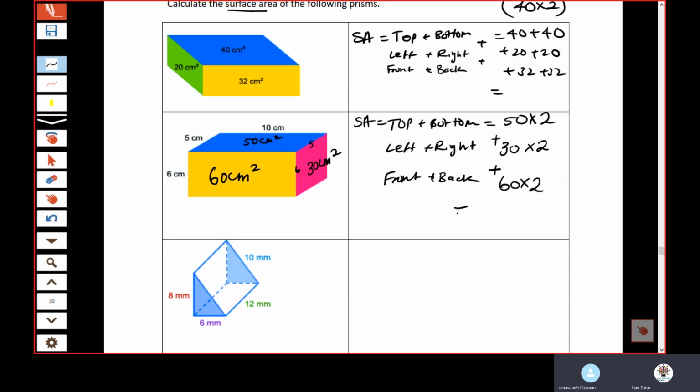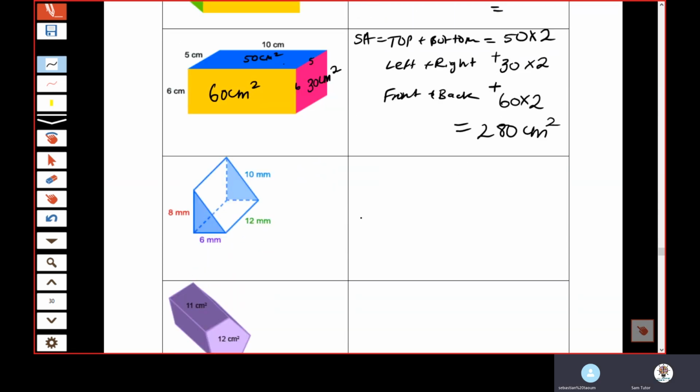And then plug it into your calculator: 100, 220, plus 60, 280. 280 centimeters squared. Oh yeah, it is 280.